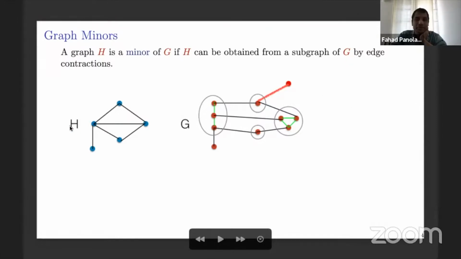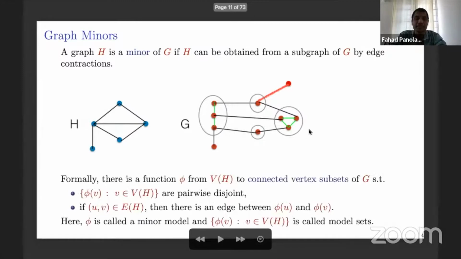For example, I want to say that H is a minor of G. So you delete this red edge and this vertex and one of the endpoints of this one, and you just contract the green edges, and what you will get is H. So from a subgraph, by doing edge contraction, if you are going to reach H, then H is a minor of G.